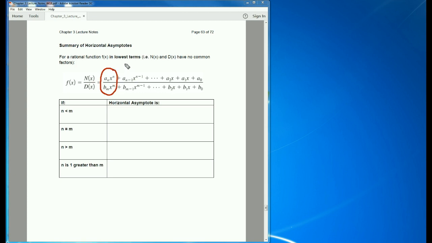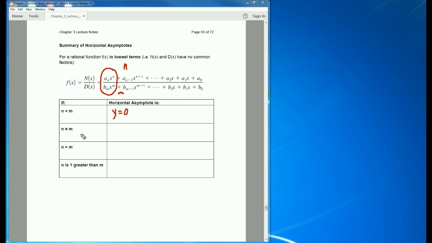Okay, and remember that n is the degree of the numerator and m is the degree of the denominator. If n is less than m, then the horizontal asymptote is going to be the line y equals 0. In other words, the x-axis.